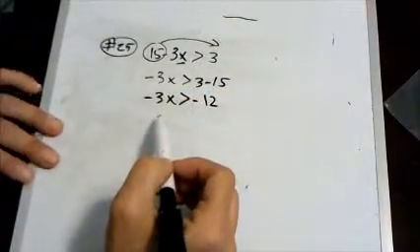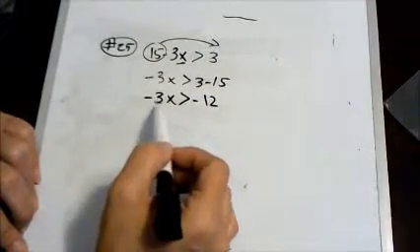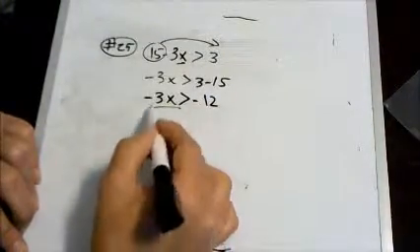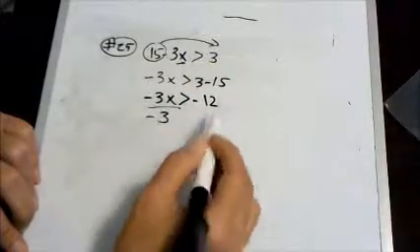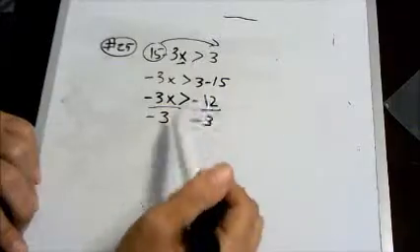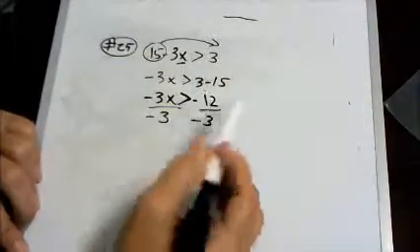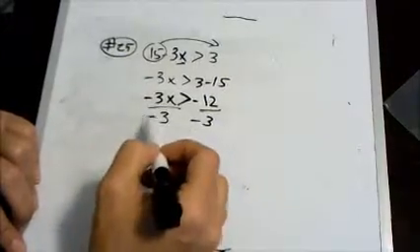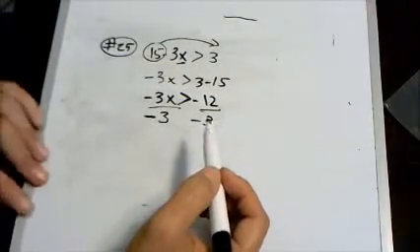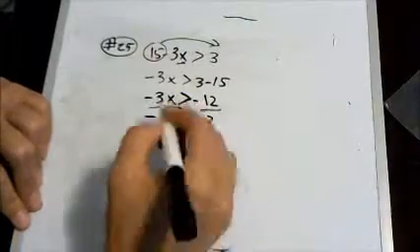Okay, so now we're going to divide by this 3, but not just any old 3, a negative 3. What I want you to know is that since we are dealing with inequalities, anytime you divide by a negative number, change the sign.